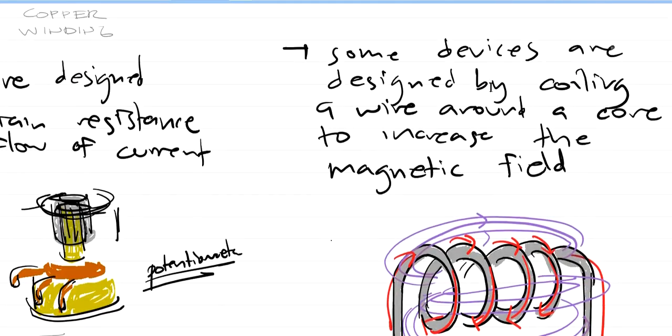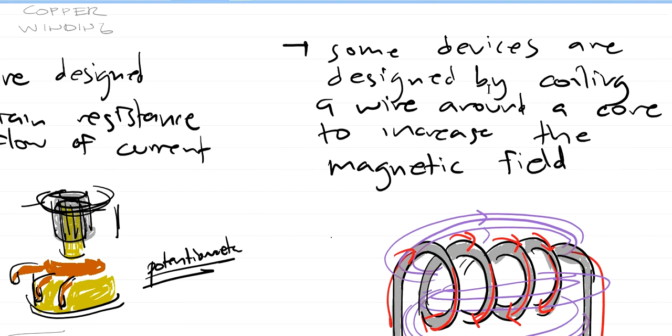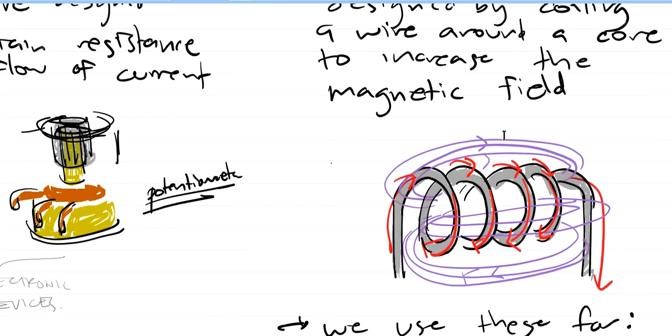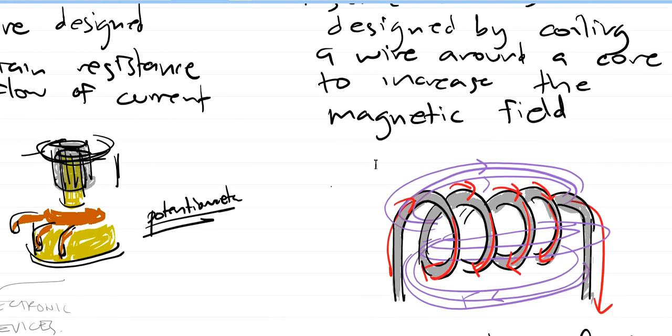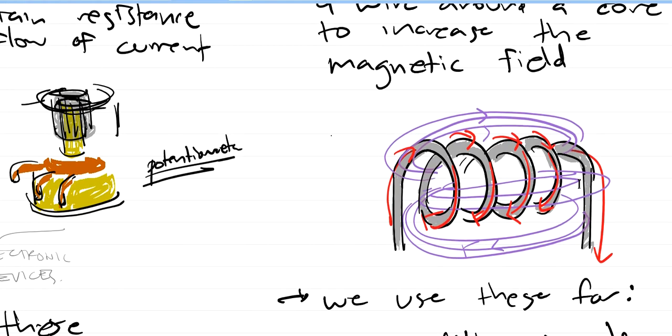Some devices are actually designed by coiling a wire around a core to increase the magnetic field. For example, we have this wire and we coil it, and somehow that increases the magnetic field, right? So once that magnetic field is built up, then it wants to maintain the flow of charge, it tries to resist any changes in terms of its kinetic energy.